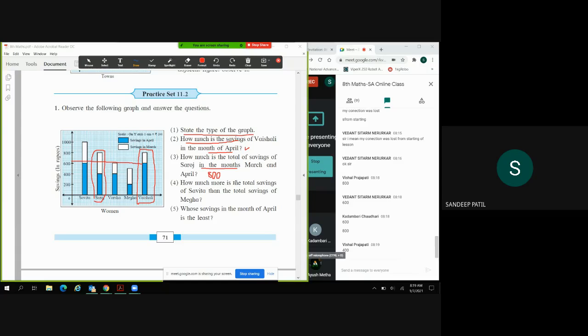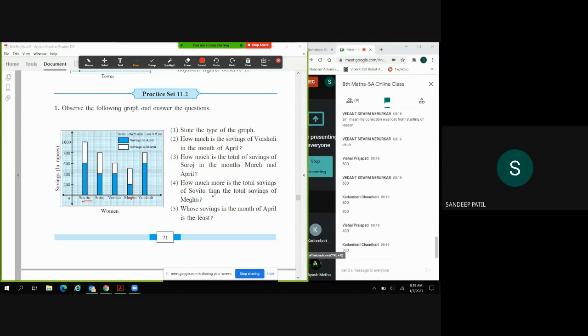How much more is the total saving of Savita than the total saving of Mega? What we have to do is see how much saving Mega has, then how much saving Savita has.